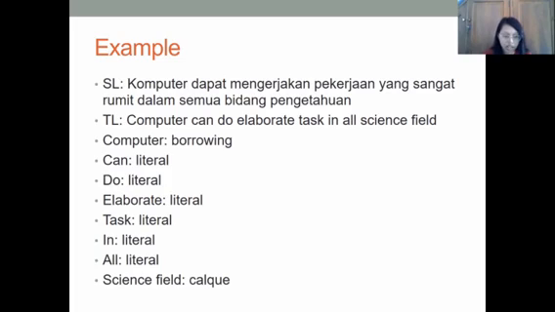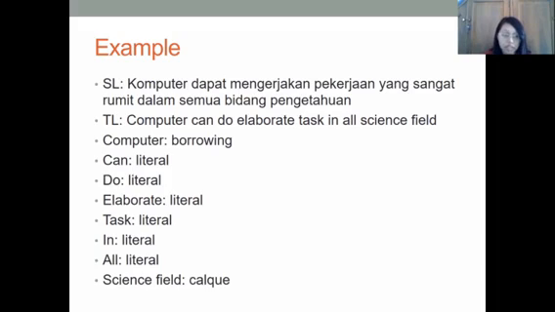The next words are can, to, elaborate, task, in, and all. I included them in literal translation because the target language result involves word-to-word translation, which means each word of the source language is translated literally.